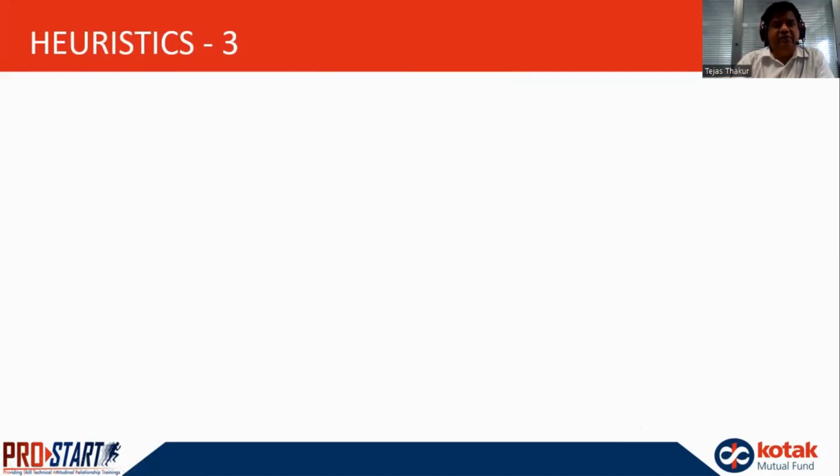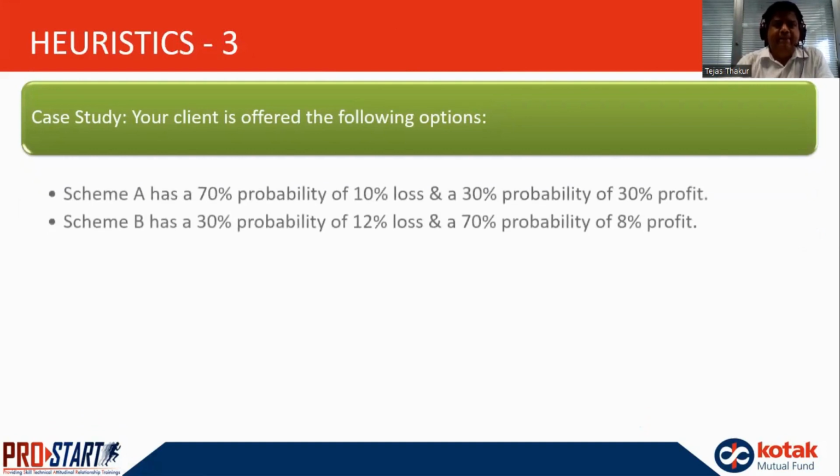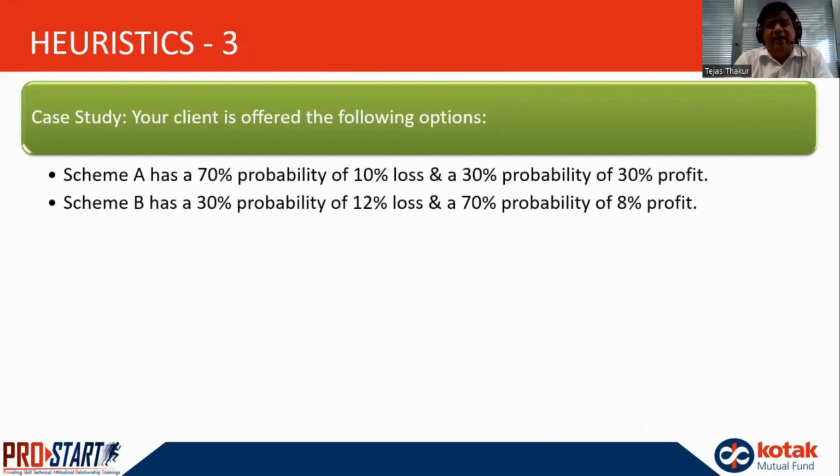Coming to heuristic number 3. Your client is offered the following options. Scheme A has 70% probability of 10% loss and 30% probability of a 30% profit. Scheme B has 30% probability of a 12% loss, 70% probability of an 8% profit.